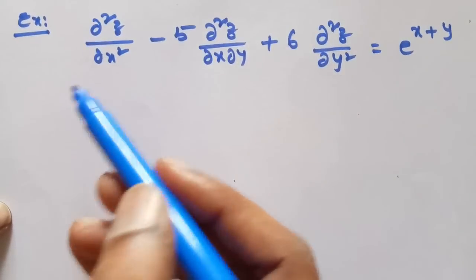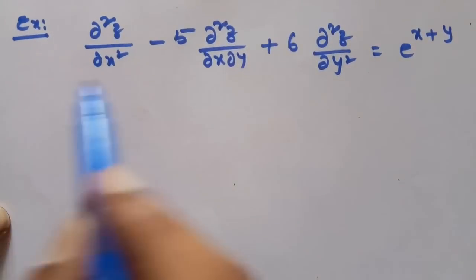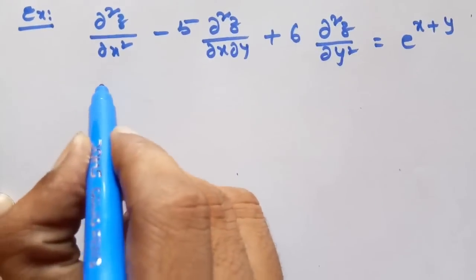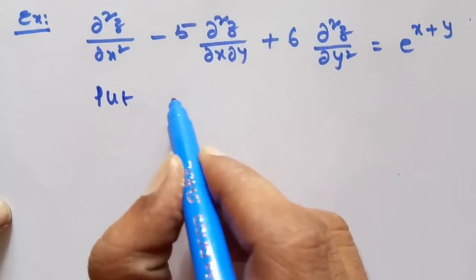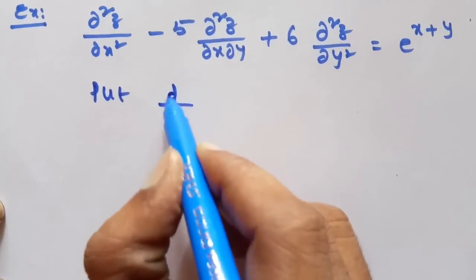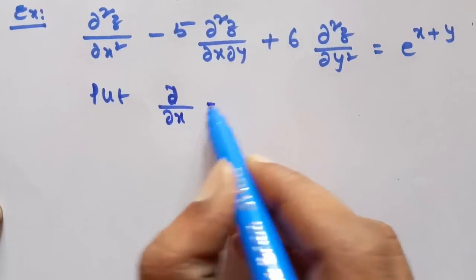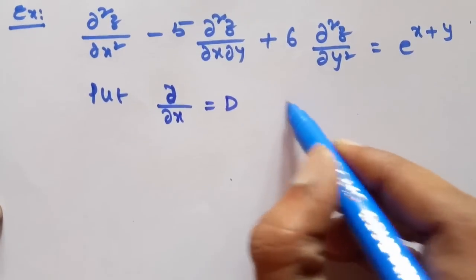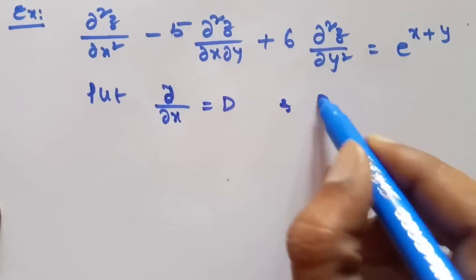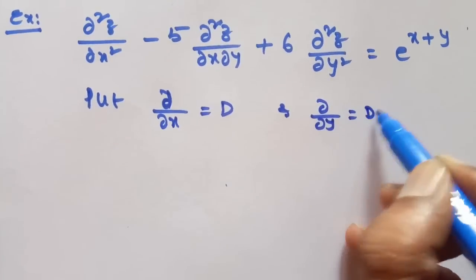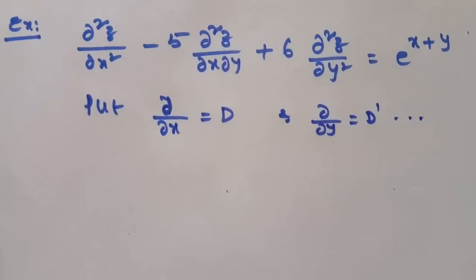This is the example. If you write it in the symbolic form, we can put ∂/∂x equal to D and ∂/∂y equal to D dash and so on.